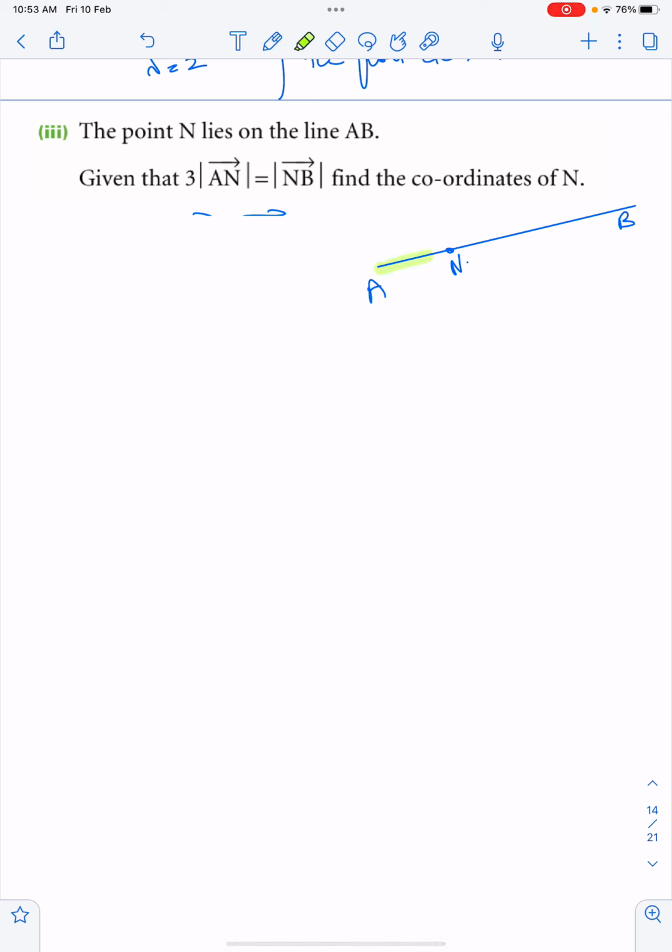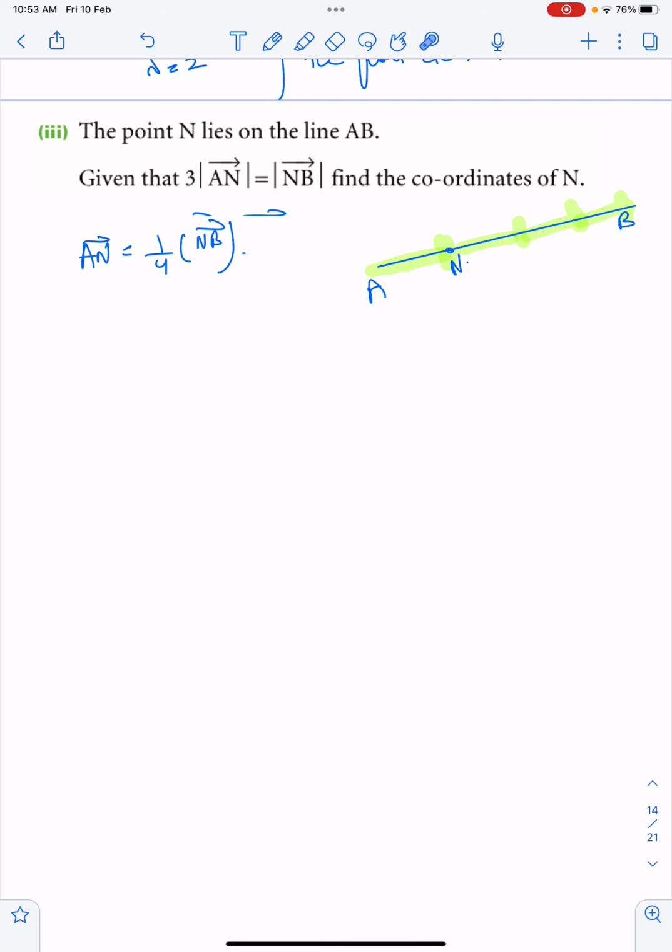The length of NB is 3 times this. That means overall, if you divide AB into 4 parts, AN is actually 1/4 of AB, because NB is 3 times this, so overall 4 parts, and this is 1/4 of the whole thing, and this is 3/4. If they ask you for NB, that should be 3/4 of AB.